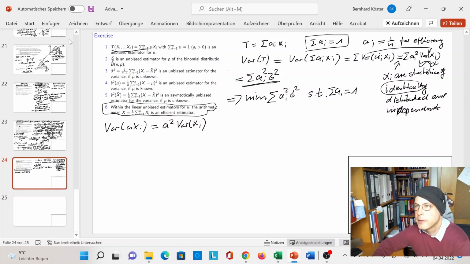And hopefully you see the structure of this problem. Where have you already seen some optimizing problem?